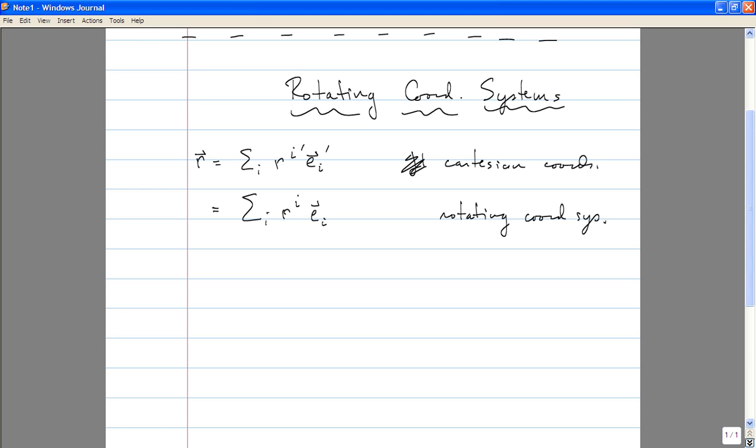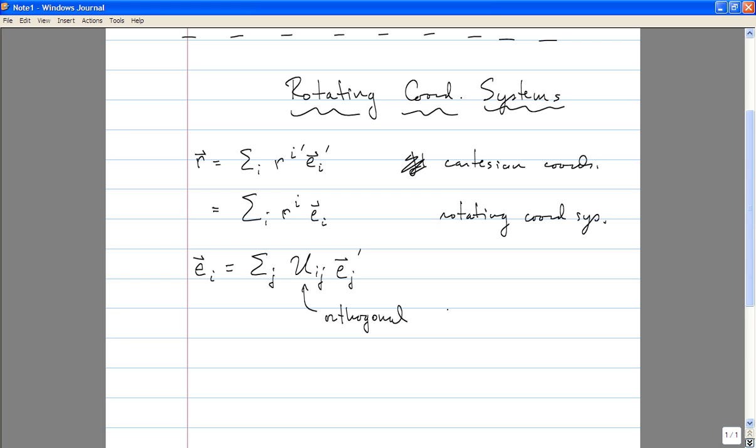These 2 different coordinate systems are related by the rotation matrix, which I called U. So the coordinate axes of the rotating coordinate system were given by the sum over j, U_ij e_j prime, where this matrix U was the orthogonal matrix which describes the rotation of the rotating coordinate system.